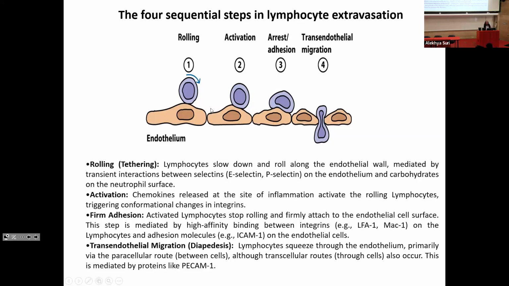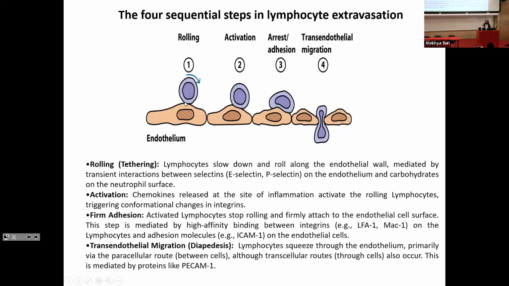So this endothelium, when there's an infection, will upregulate, as I said, some adhesion molecules. Because of this upregulation of adhesion molecules, these immune cells, in this case the lymphocyte, can bind to the endothelial cell, okay? And this binding slows down the movement of the cells that were moving in the blood.